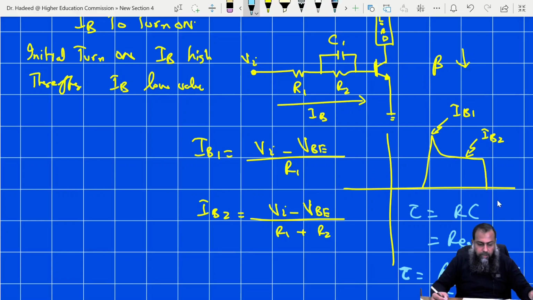So during this turn off, this charged capacitor provides a negative current, and therefore a negative current spike is applied onto the base current, and therefore the base charge is removed effectively and very quickly. We will go through the simulation of the circuits that we have discussed so far.